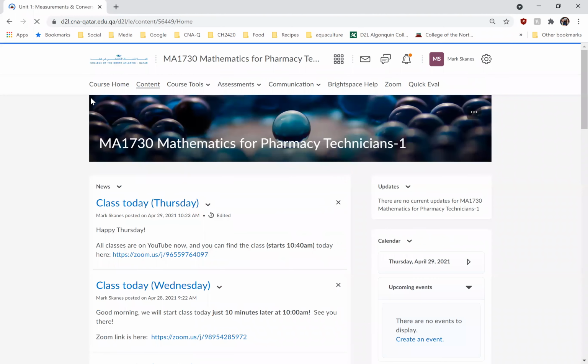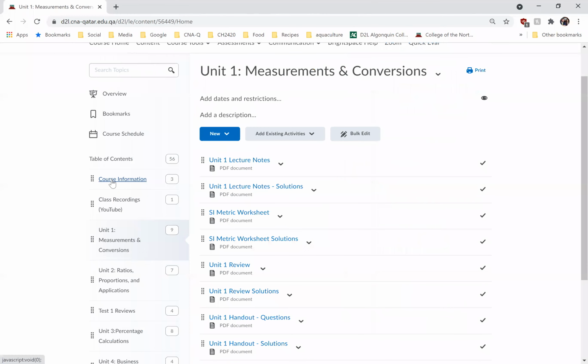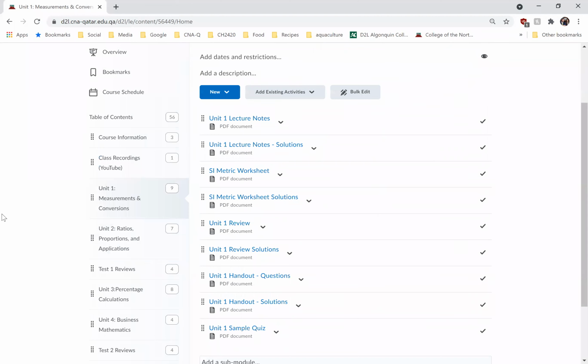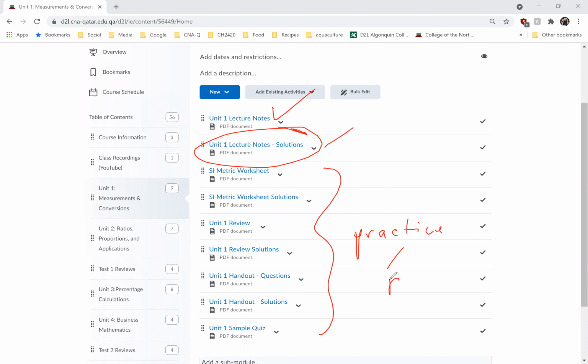Content. So 2 things. Just a little reminder, if you ever want to check your answers, they're here. The notes are here, the answers are here. There's practice and review here. Sample everything. I think Abdullah asked earlier, are there quizzes?